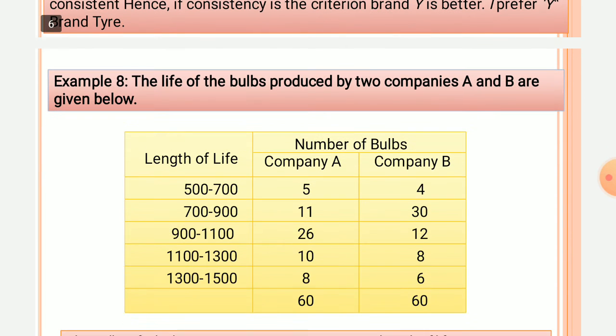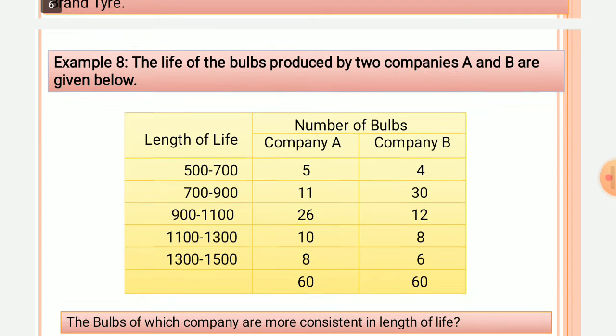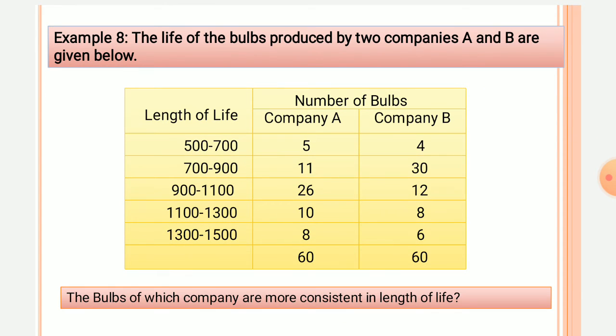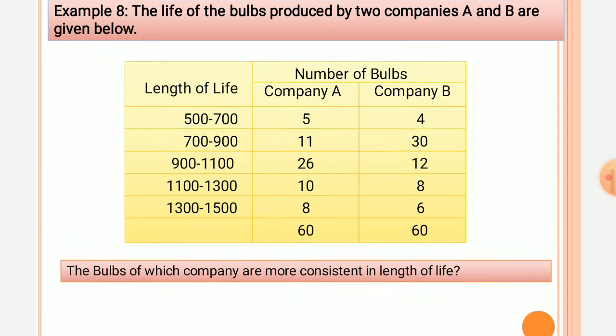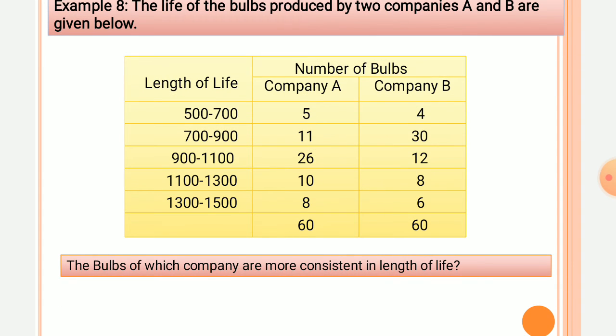Now take another problem. The life of the bulbs produced by two companies A and B is given below. So length of life and number of bulbs of company A and company B, and the bulbs of which company are more consistent in length of life.